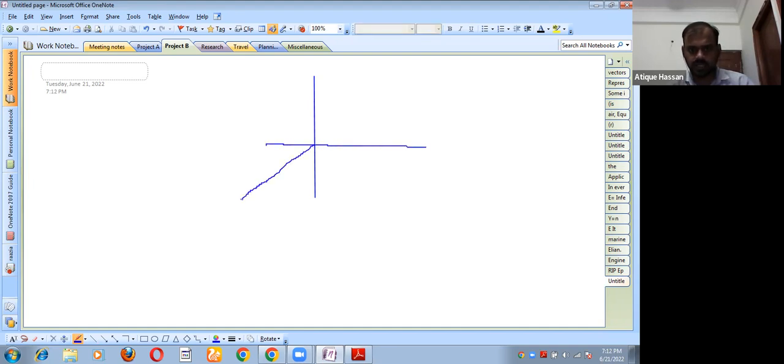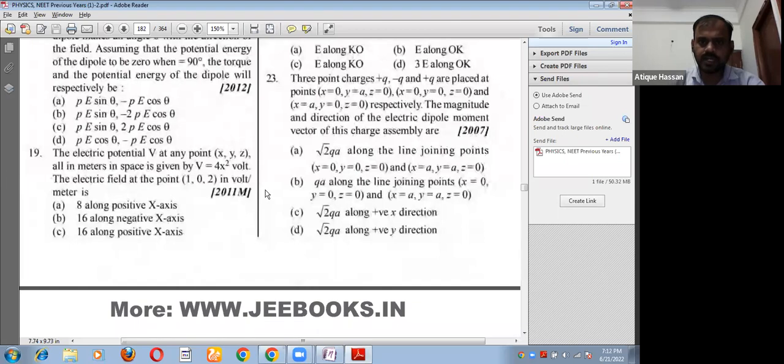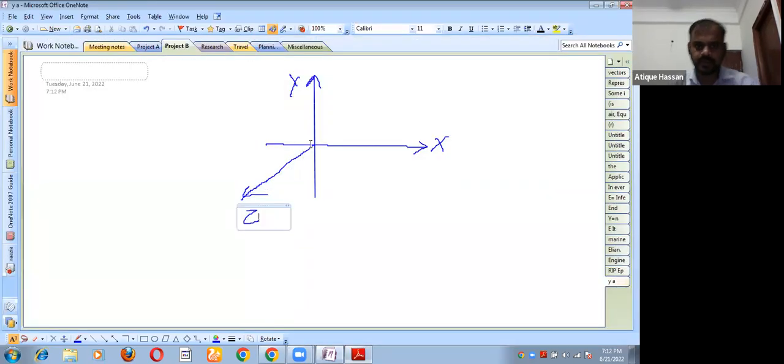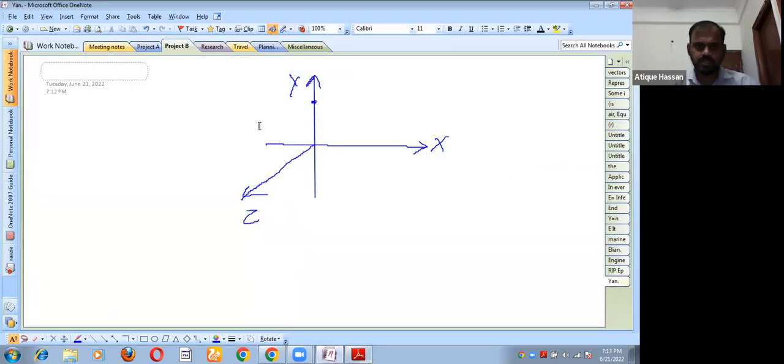Suppose I have X, Y, and Z axes like this, and the plus Q charge is at Y equal to A. The plus Q charge is here, at X equal to 0, Y equal to A, Z equal to 0.